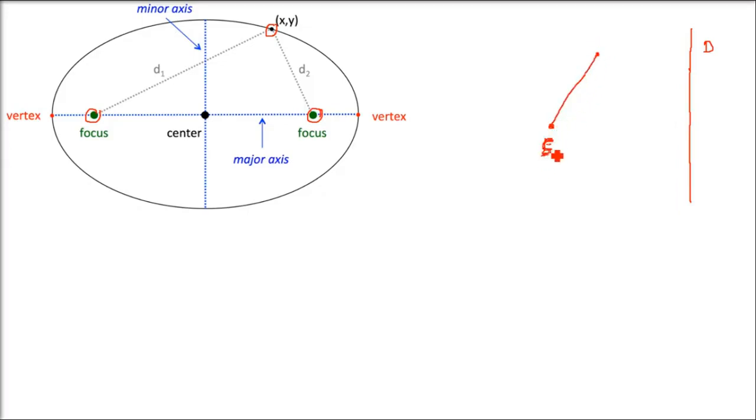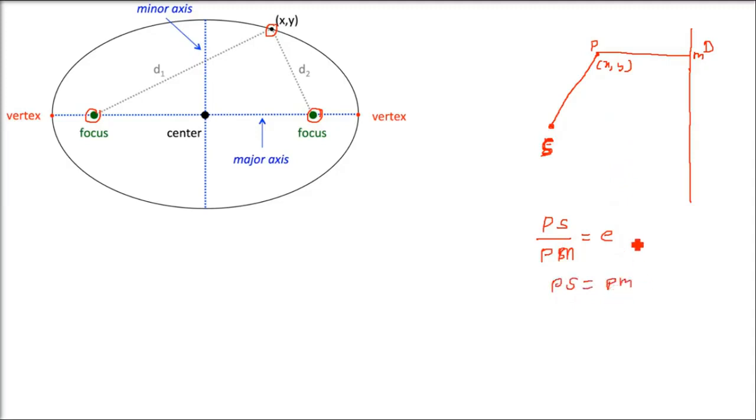S is the focus, and this moving point we call XY. The distance of this point from S is PS, and the distance of the same point from the line is PM. So PS by PM, this ratio, is equal to E. For every conic section, this is true.